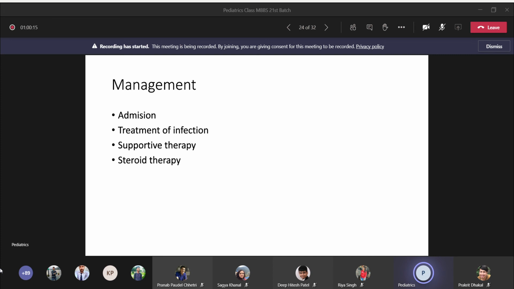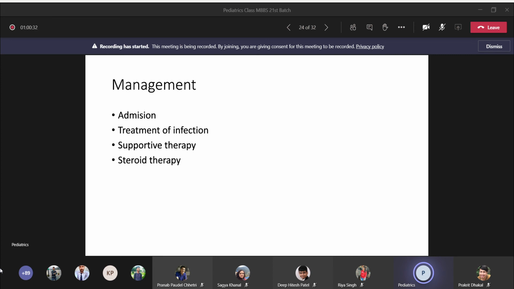So you have to confirm the diagnosis. You just admit the patient in the ward and then confirm the diagnosis, whether it is nephrotic syndrome or not. So admission is necessary.